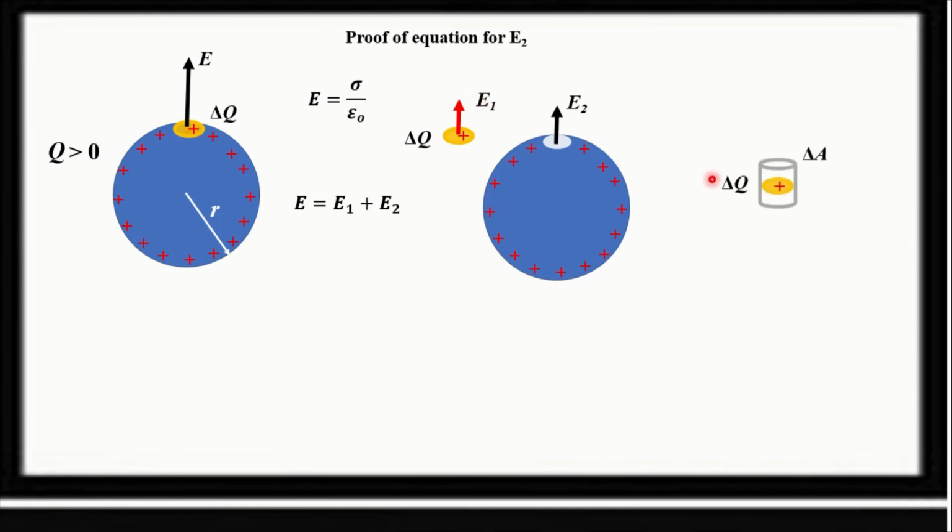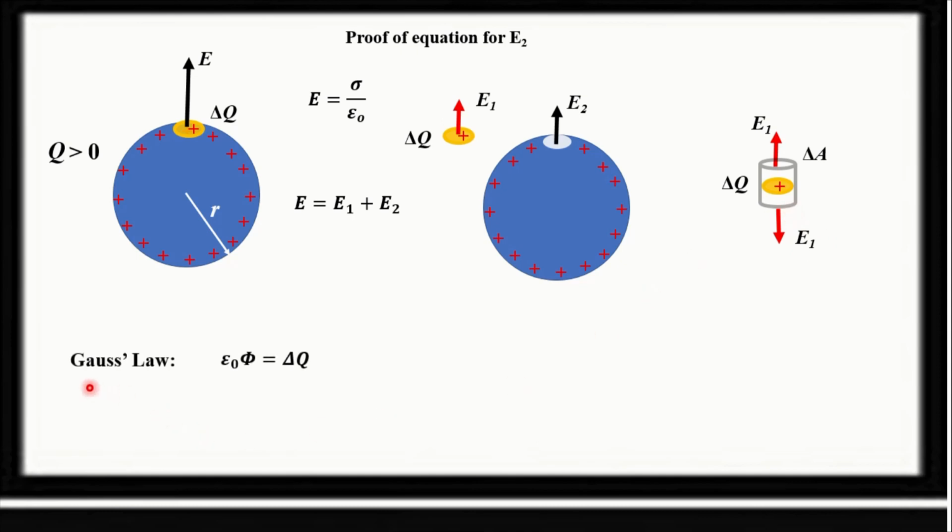To find E1, we select a Gaussian surface in the form of a cylinder, which includes charge delta Q and has the area delta A on the upper and bottom boundaries. Electric field E1 due to this charge points here on the upper boundary and points in the opposite direction on the lower boundary.